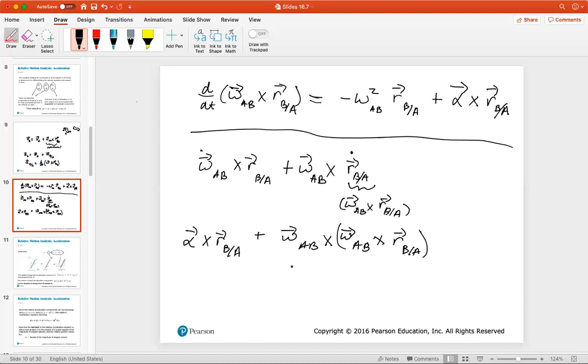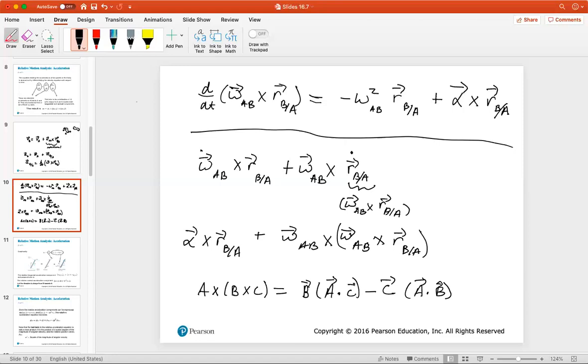In general, if I have three vectors, there's an identity which relates these, and what you can say is this becomes B vector times A dot C minus C vector times A dot B.